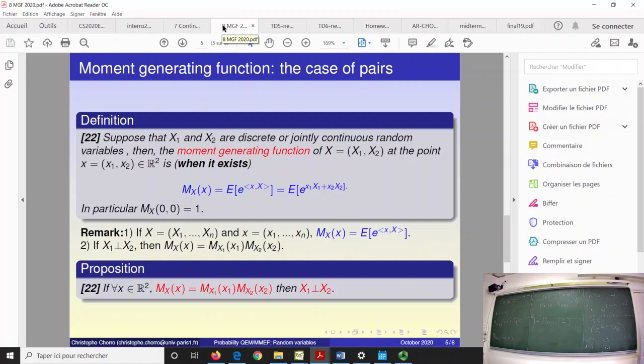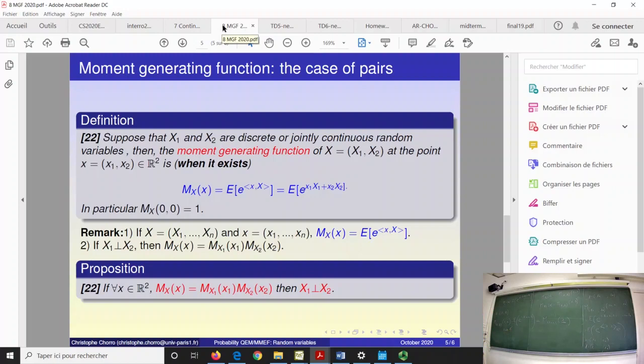In general, it's not that easy to compute this one. We are going to see in 1 second one case where it will be very basic to compute, but in general it's not that simple because you have a double sum or a double integral to compute. Suppose that, so I have my definition here, suppose that you are in the discrete case.